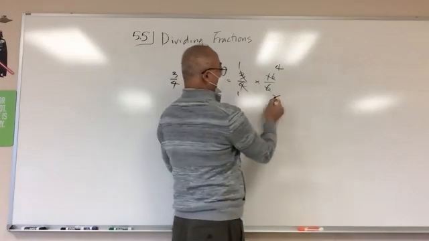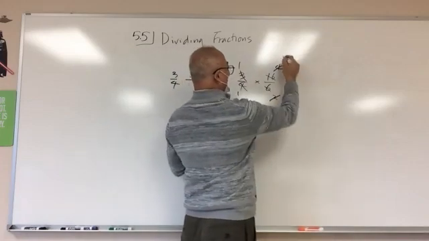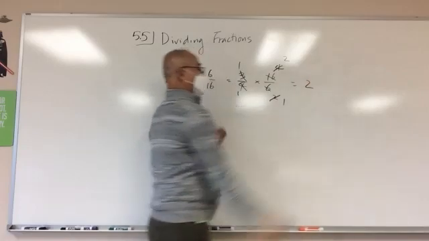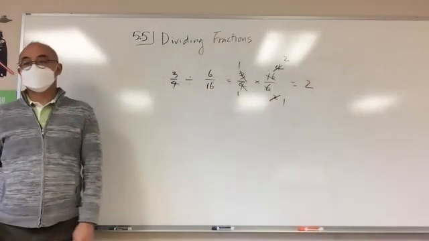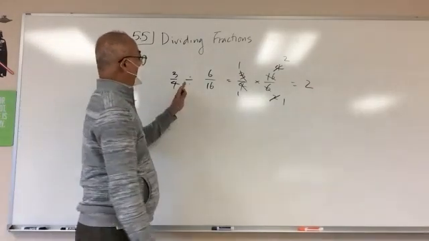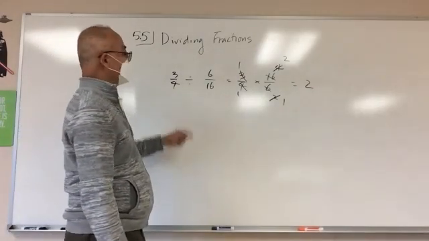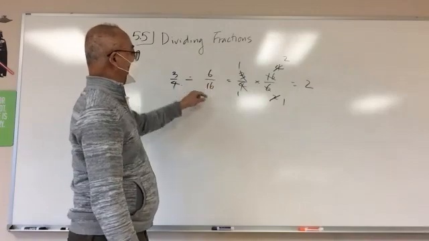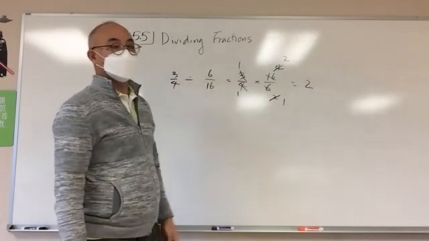Now I can go 2 and 4. So your answer would be 2. Okay, so again, dividing fractions is nothing more than taking this guy, flipping it over, and multiplying.